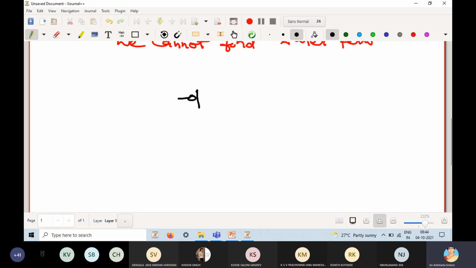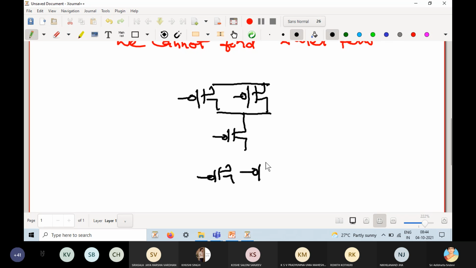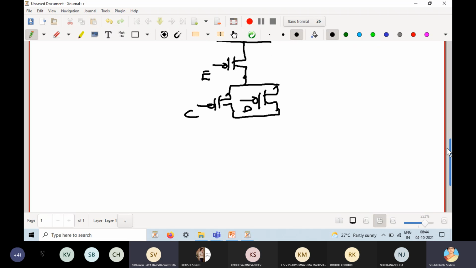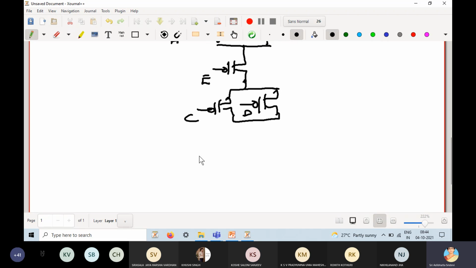Just I'll do like this. You tell me, will it change my expression if I draw like this? No, ma'am. So that's why I'm just drawing like this.